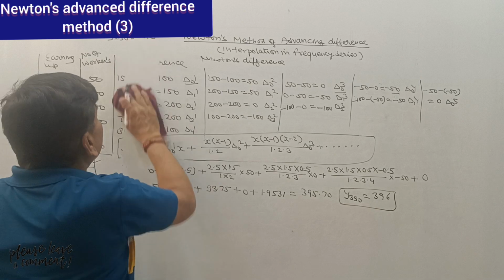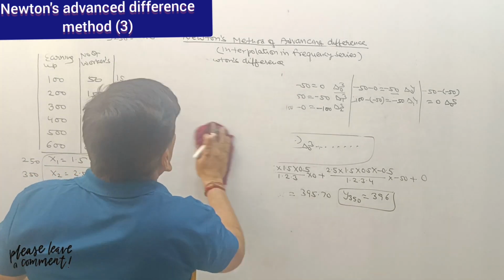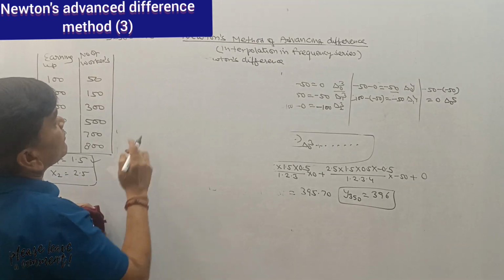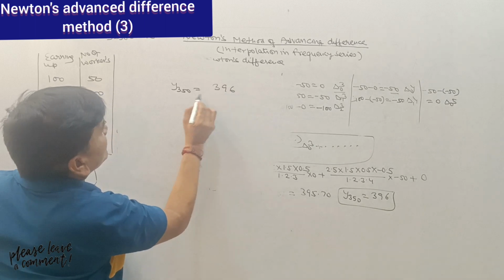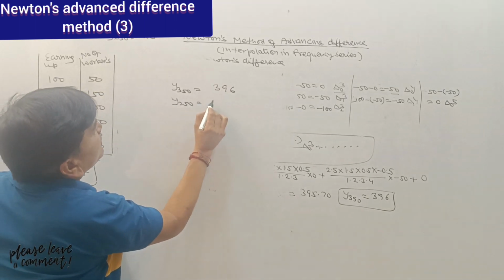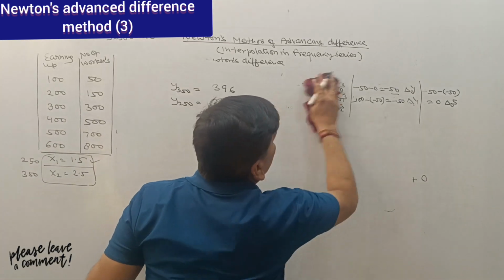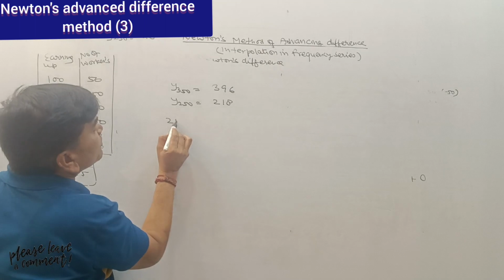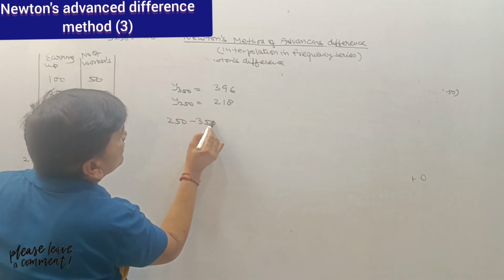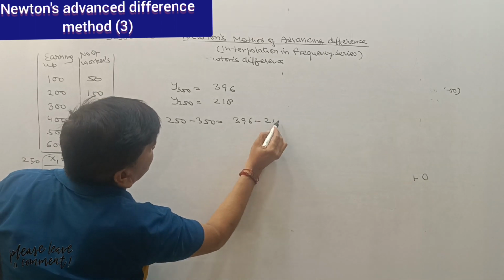Now for getting between 350 and this, y350 we are having 396, y250 we are having 218. So getting the range of 250 to 350, that is 396 minus 218.